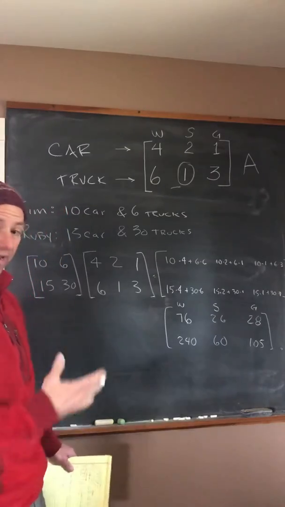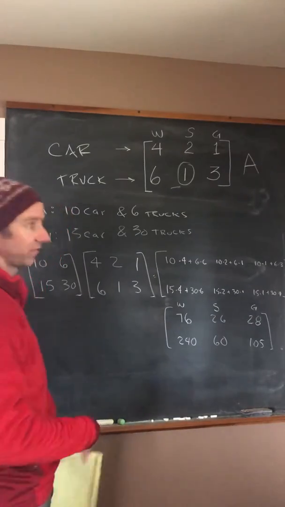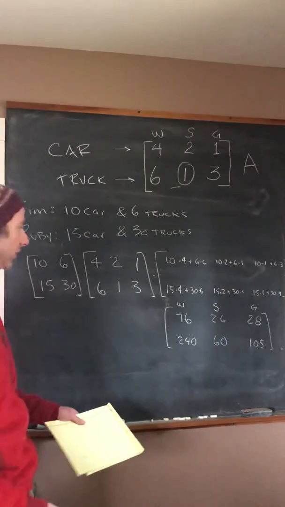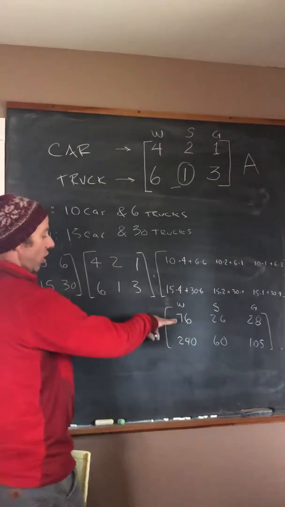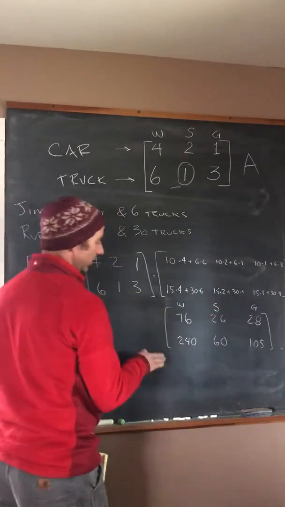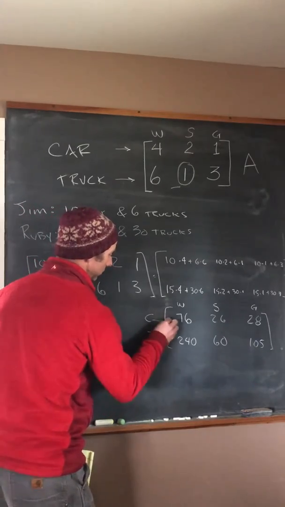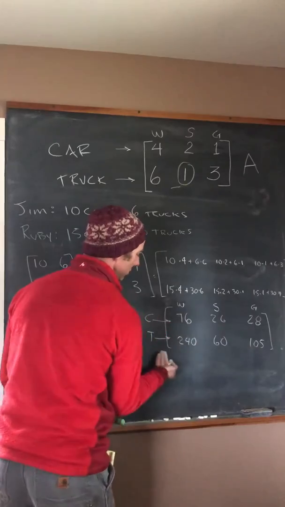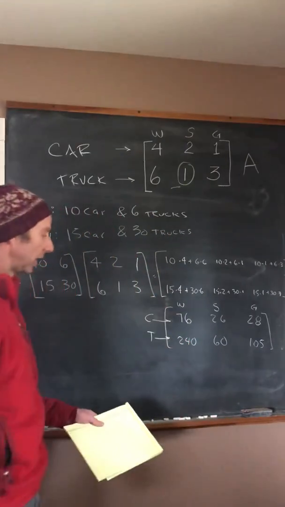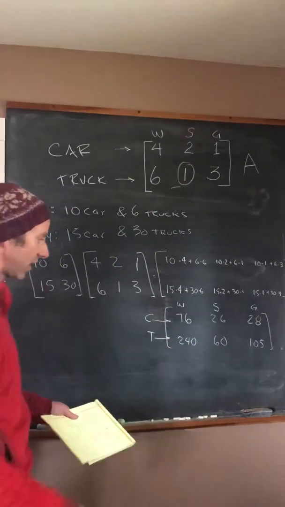If you want to know what the final answer is, how many you need for everything, you'll see the cars need this many, the trucks need this many, and I can go ahead and add them up if you want to take the final sum.